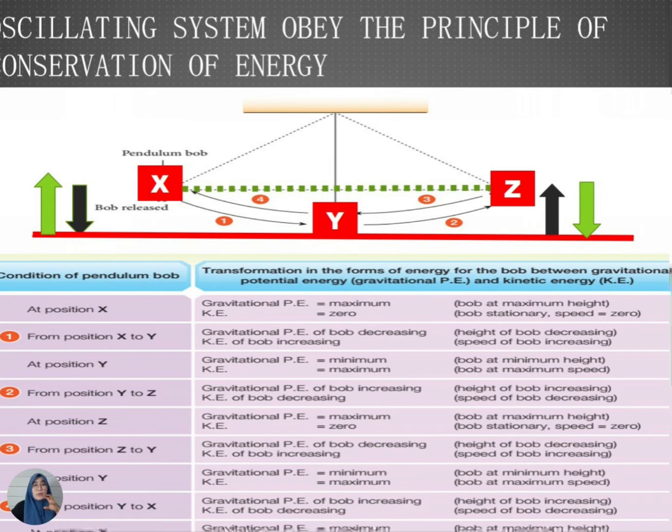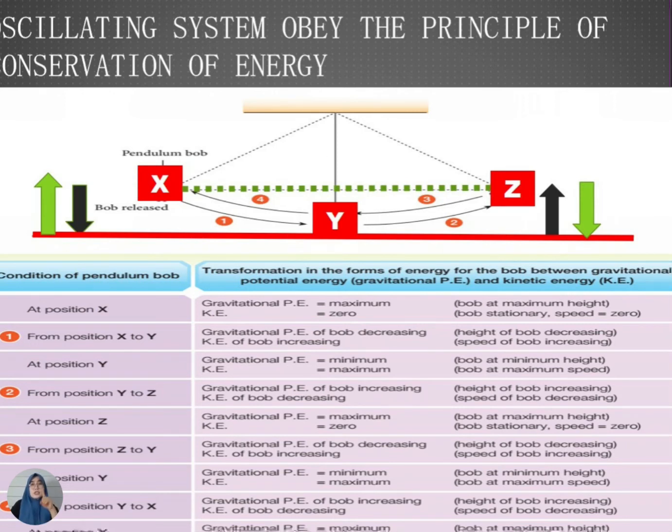From position Y to Z, the gravitational potential energy of the bob increases, but the kinetic energy of the bob decreases. As the gravitational potential energy increases, the kinetic energy decreases because the speed of the bob decreases.